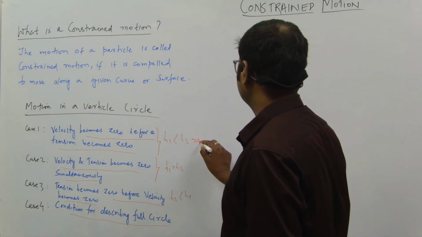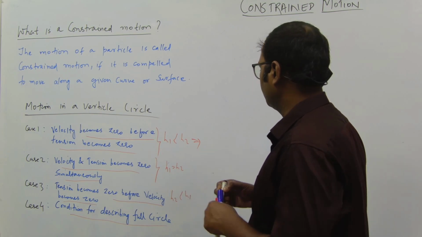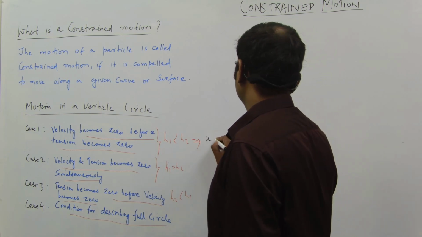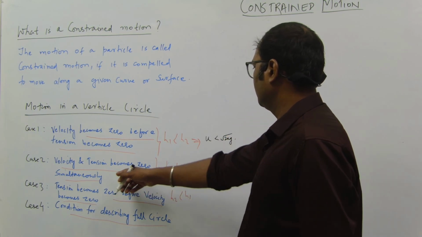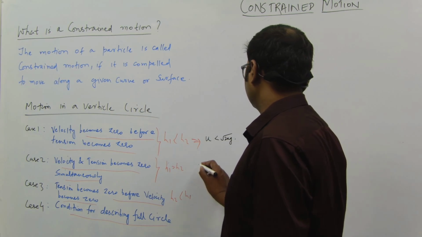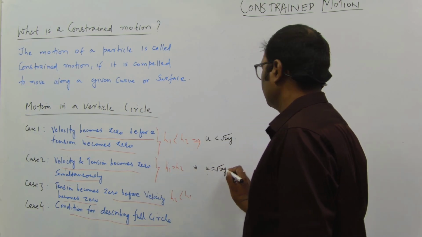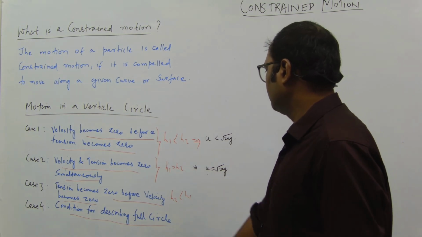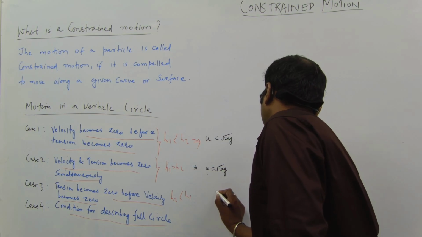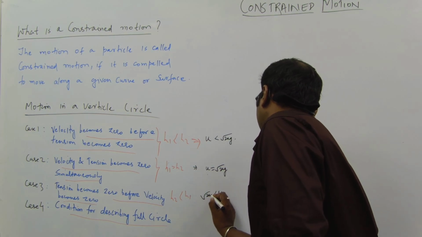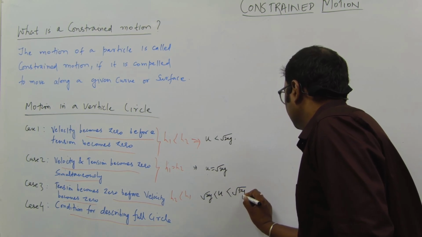So in this particular case, what was the result? Velocity becomes 0 prior to tension becoming 0, so u is less than root under 2ag. Velocity and tension become 0 together, so here u is equal to root under 2ag. Tension becomes 0 before velocity becomes 0, so u is greater than root under 2ag but less than root under 5ag.